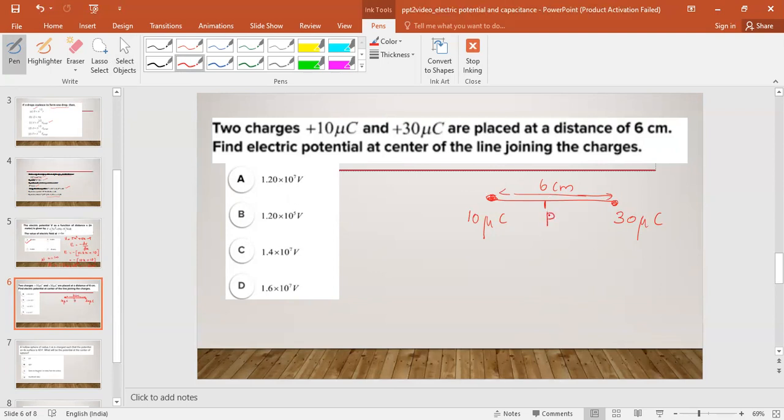The point P is here and this distance is 3 and this distance is 3, because it is at the center.